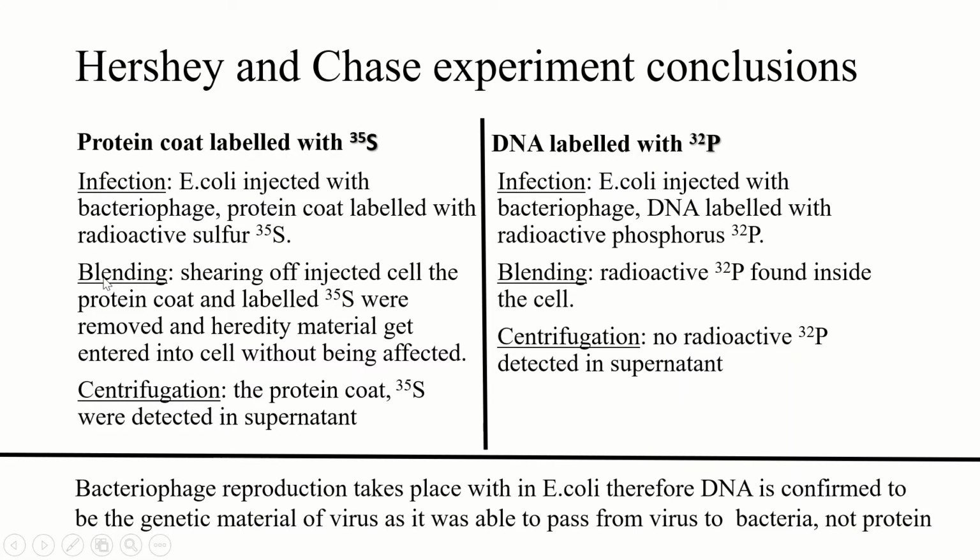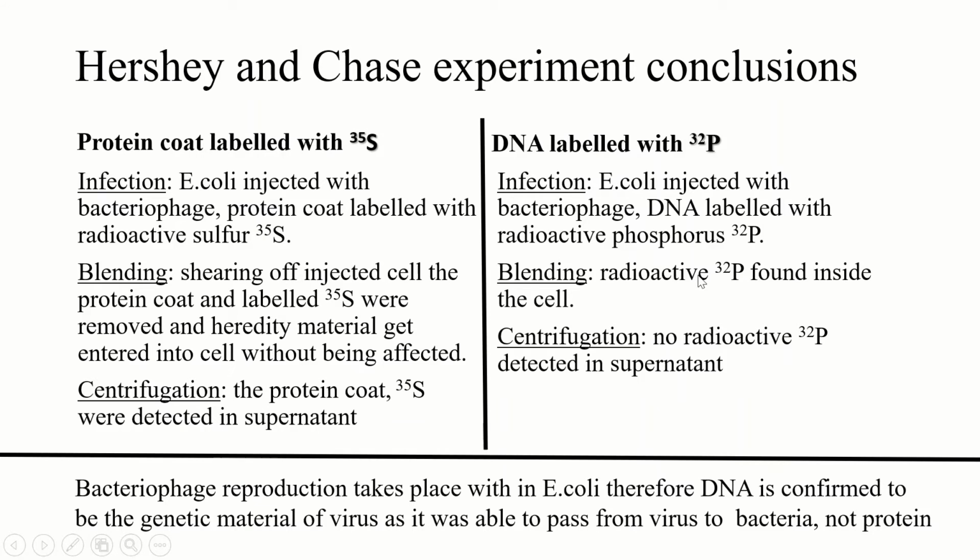Now in the case of blending, they observed that in the case of protein, the shearing of infected cells sliced off the protein coat, and the hereditary material entered the cells without being affected. The hereditary material which was present within the bacteriophage was safely transferred into the cells, but the protein coat was sheared off or broken off. Shearing off means breaking off.